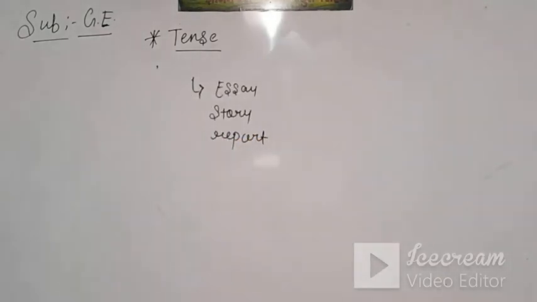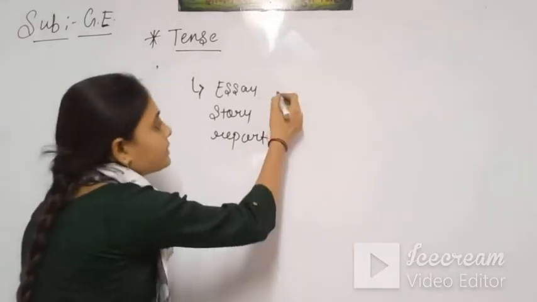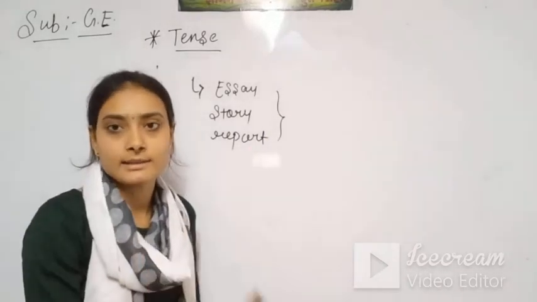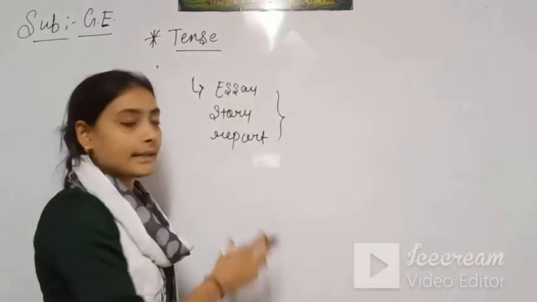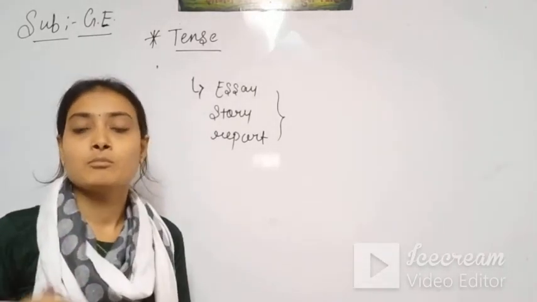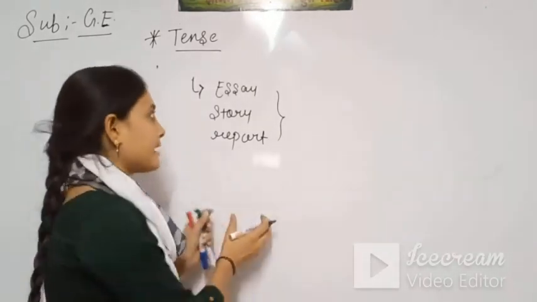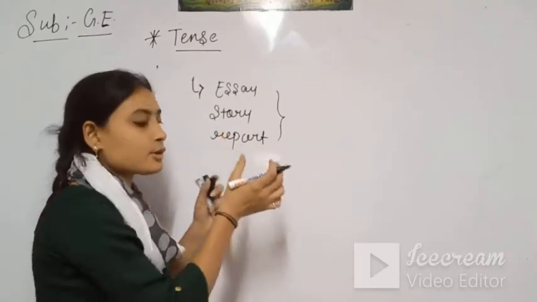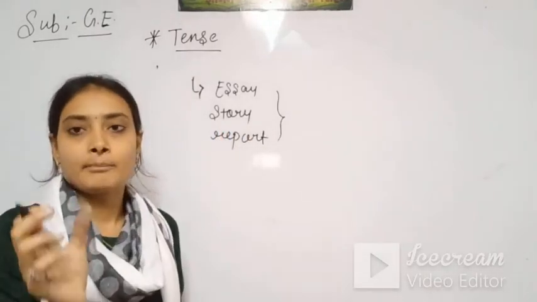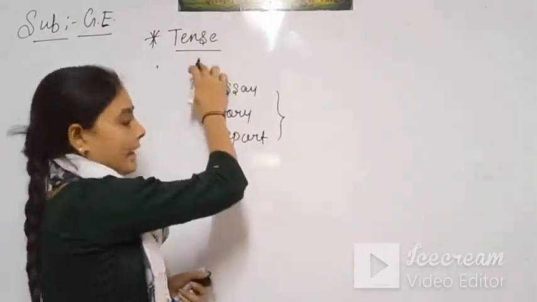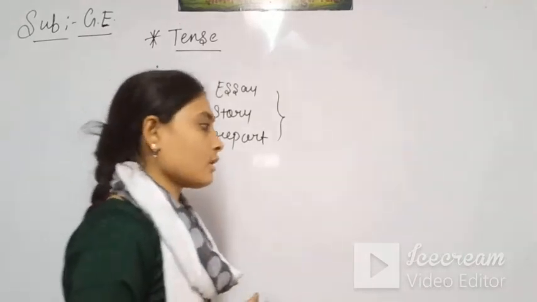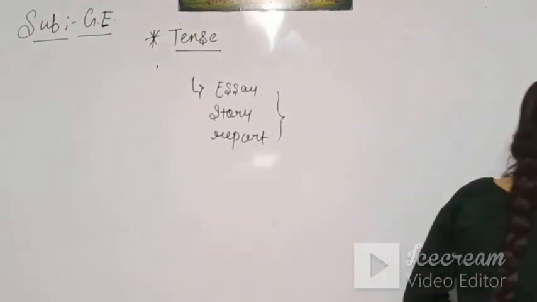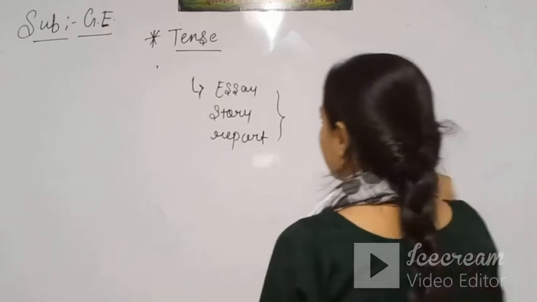In this, you can use tense. In standard 10, tense is the most important thing to write an essay, a story or an email. The main thing is tense. Clear? So, let's begin with the simple present tense.